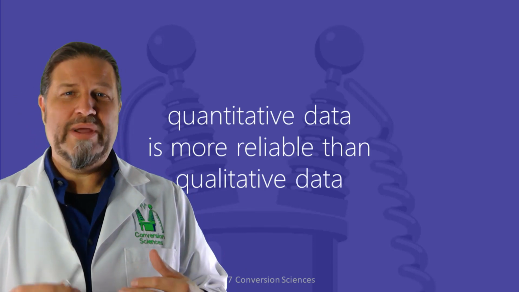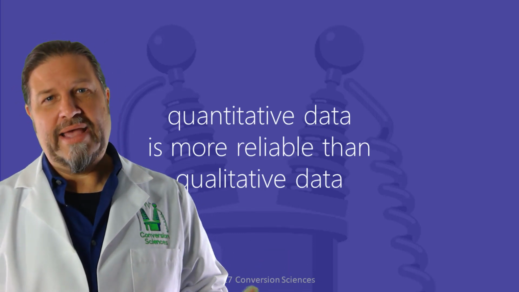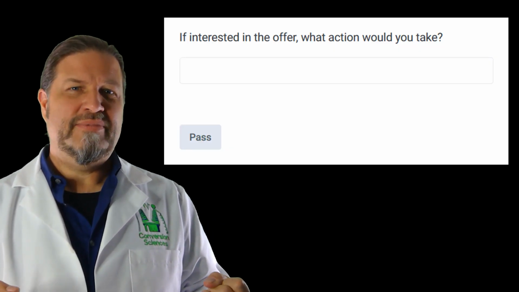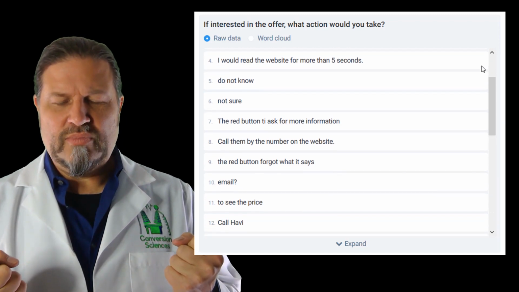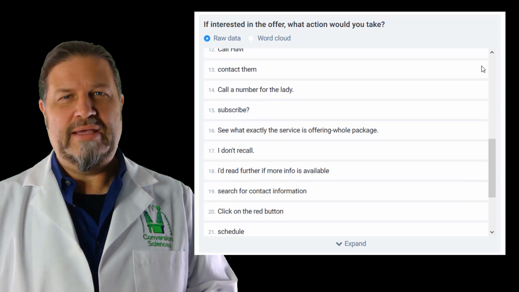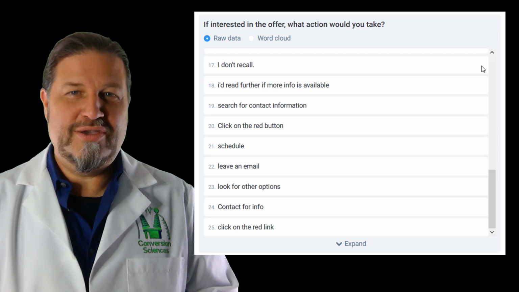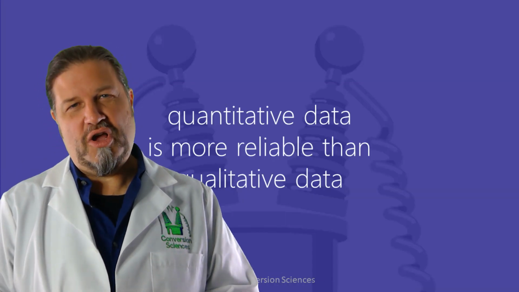Qualitative data, though, we will accept different answers from anyone. So we ask open-ended questions, and we're interested in the juicy, emotional answers that tell us why, what people are thinking, what their emotions are, and also what kind of wording they use when they talk about what we're asking them to talk about.